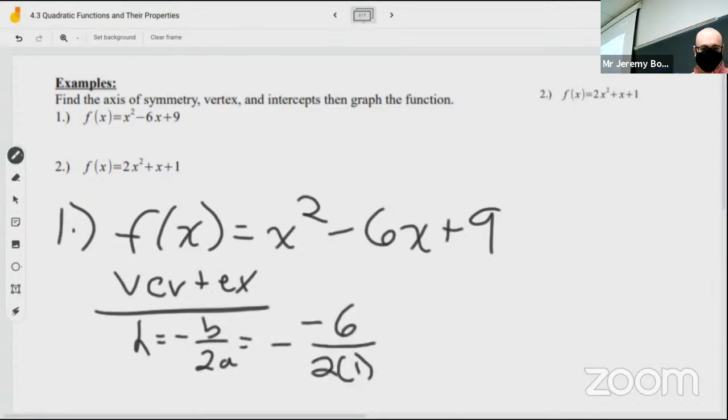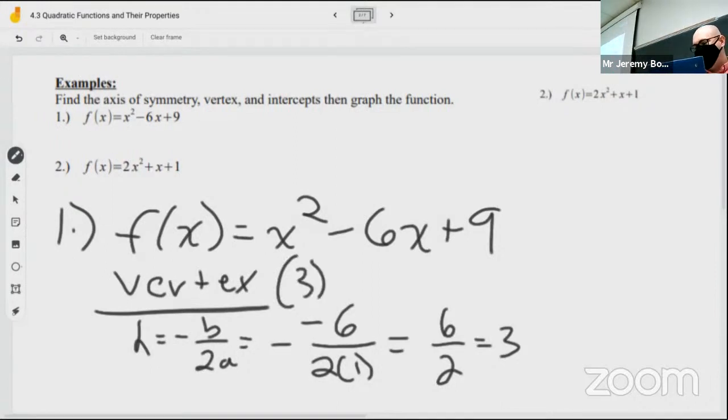Notice that there's no coefficient on the square, that's just 1. If there's a negative on either of them, the negative goes along with it. I think we did that earlier. So we'll have positive 6 over 2, which is going to be 3. So we know that the h value of the vertex is 3.